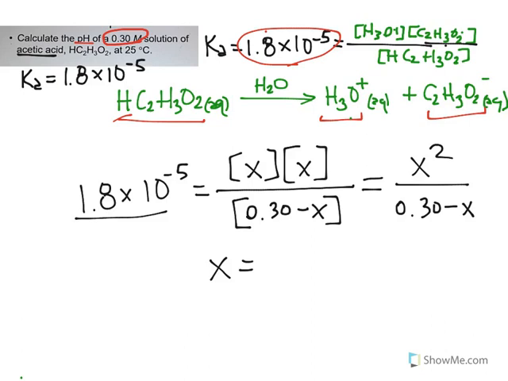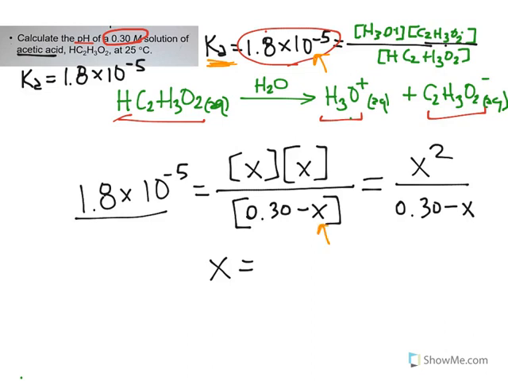I know you might cringe at the thought of the quadratic formula, so I'm going to tell you something that's going to make this very nice. Anytime your Ka is very, very small, we're talking 10 to the negative 4, negative 5, and smaller, you can make this very interesting assumption.